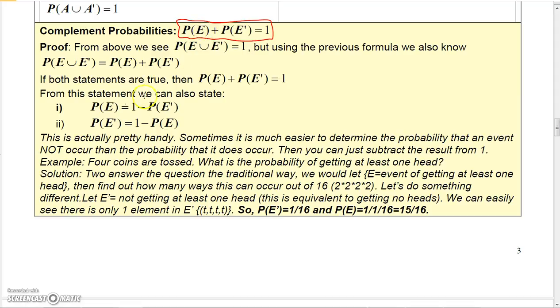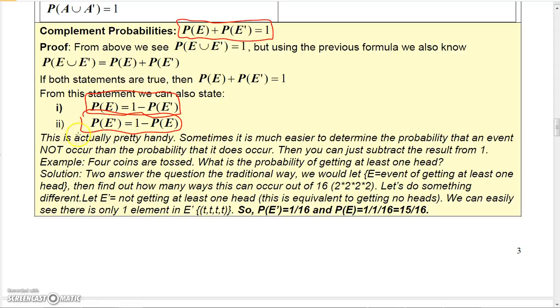Now from this probability, you can read the rest of this if you want, but I'm just going to give you the formulas. From that formula, we can actually see that the probability of an event is 1 minus the probability of its complement, or we can see that the probability of a complement is 1 minus the probability of the event.